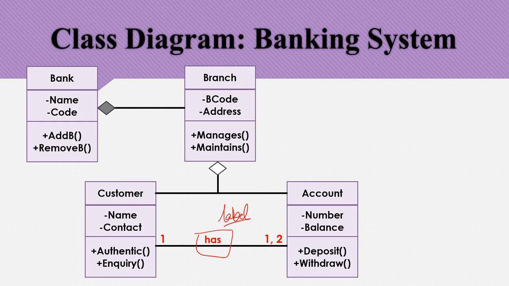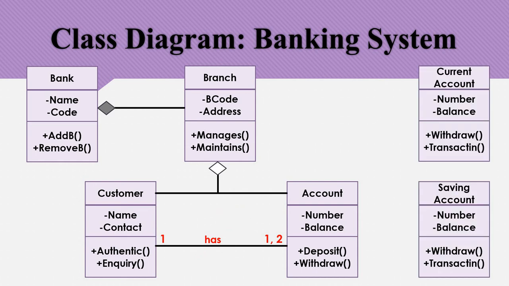Next is account. An account can be of multiple types. Here the account can be a current account or a saving account, but these accounts are also accounts. Please try to understand. So there is a type of inheritance relationship, or we can call it a generalized relationship, between account and these two classes.